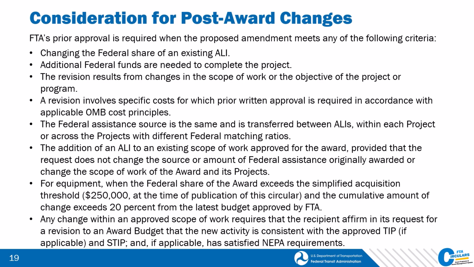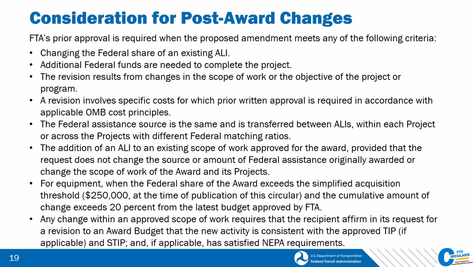The following are times when FTA prior approval is required. Changing the federal share of an existing ALI, additional federal funds are needed to complete the project, the revision results from changes in the scope of work or the objective of the project or program. A revision involves specific costs for which prior written approval is required in accordance with applicable OMB cost principles.